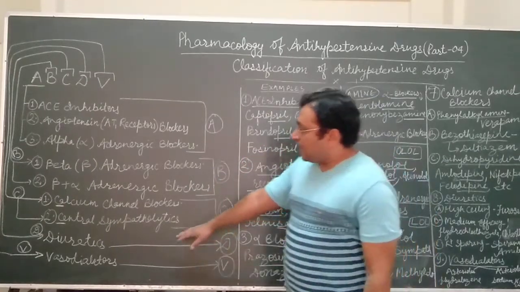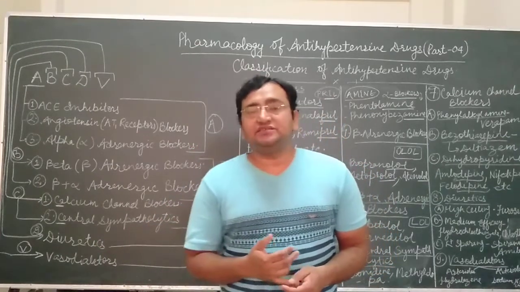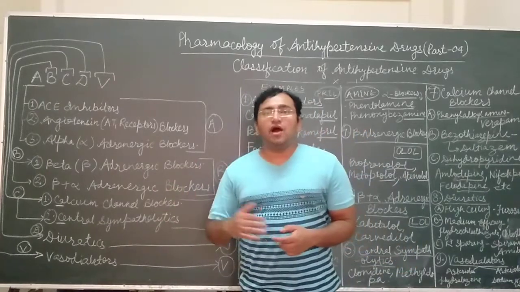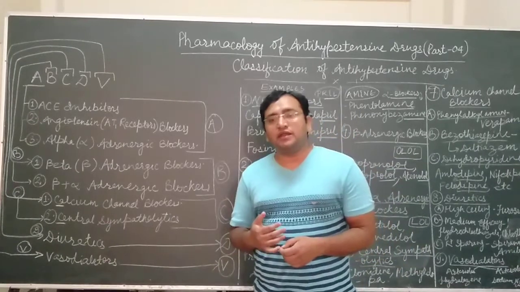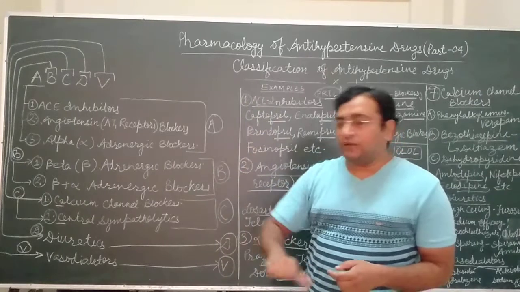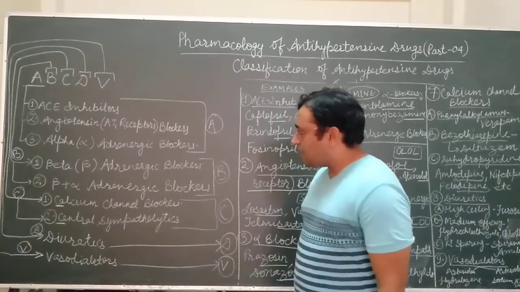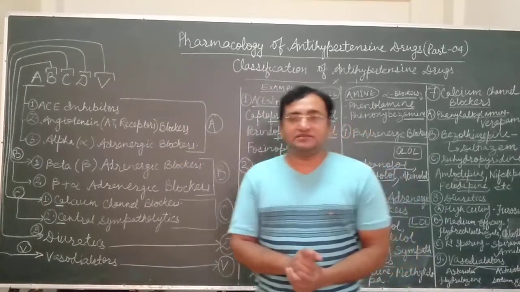Next, diuretics can decrease the blood volume by increasing the urine outflow from the body. Excretion of urine will increase, so that blood pressure will be reduced. There are several examples of diuretics. And the last one is vasodilators.